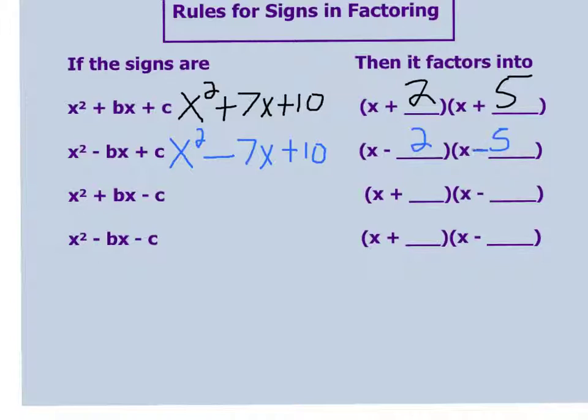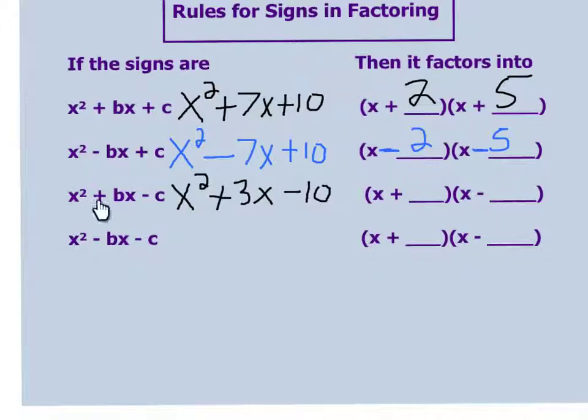Notice the negative right here. A negative multiplied to a negative gives us a positive. But when you add the two negatives, it'll be negative. So that's another thing to look at. Make sure that you check multiplying and adding. Negative 5 plus negative 2 is negative 7.